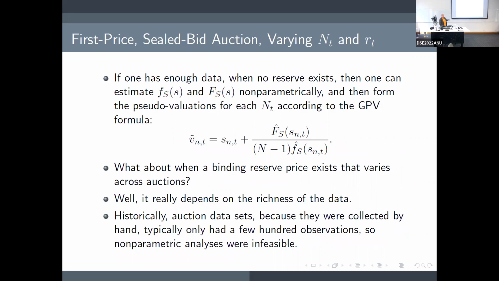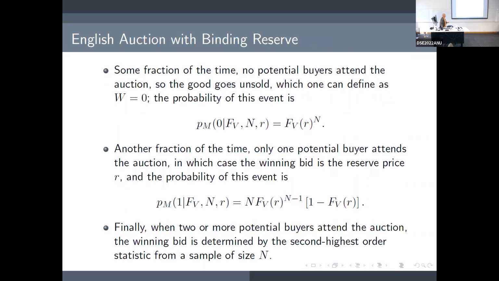One of the problems with this Guerre-Perrigne-Vuong estimator based off these pseudo residuals is it doesn't necessarily satisfy that monotone part of the hazard rate. And so then you get a whole bunch of different solutions. And then which one do you choose? I don't know.